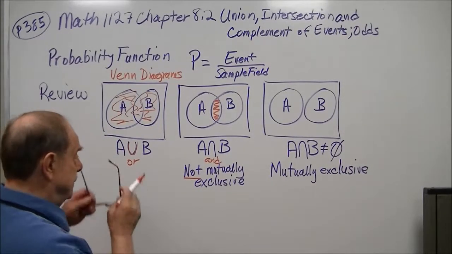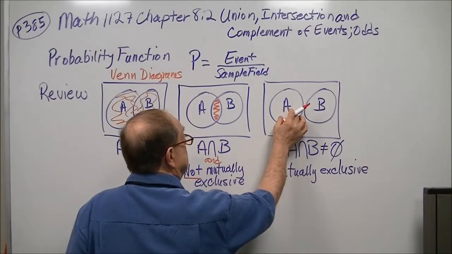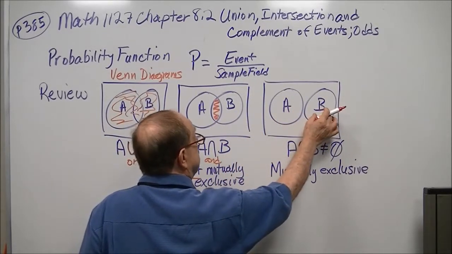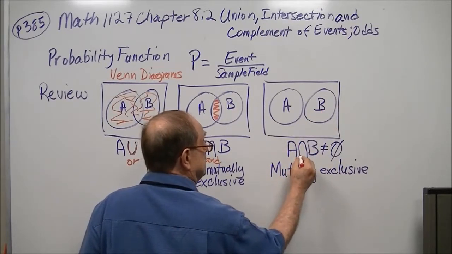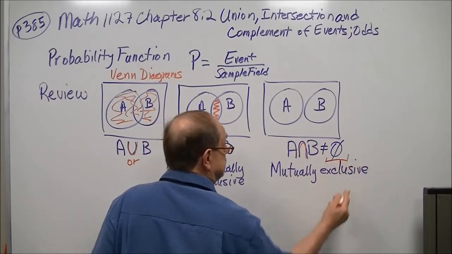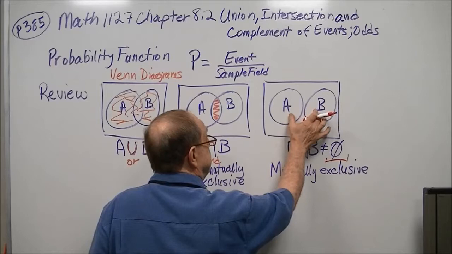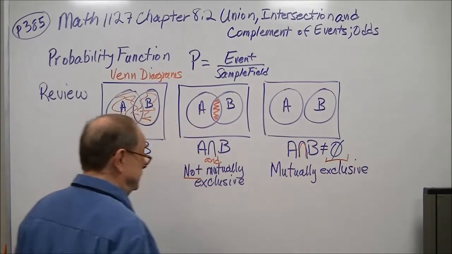And then we have this, in which set A does not have any contact with set B. So we say in terms of an intersection, there is none, it's an empty set. And set A and set B are mutually exclusive.